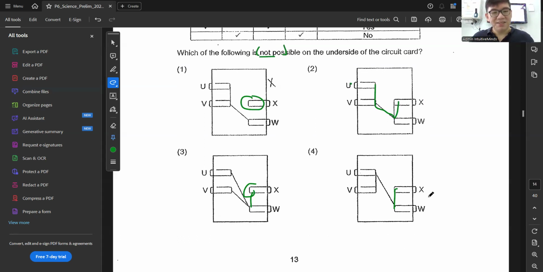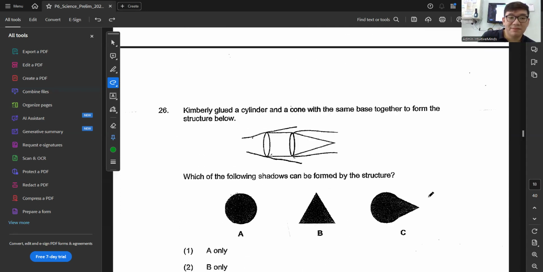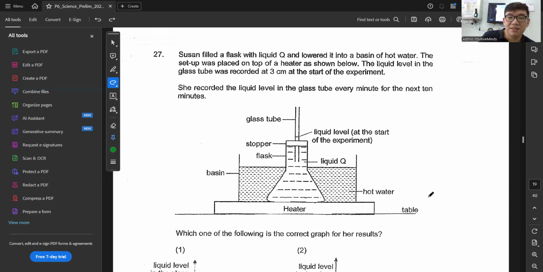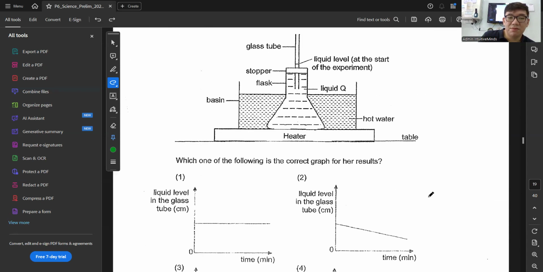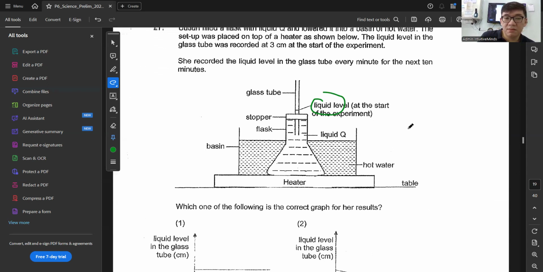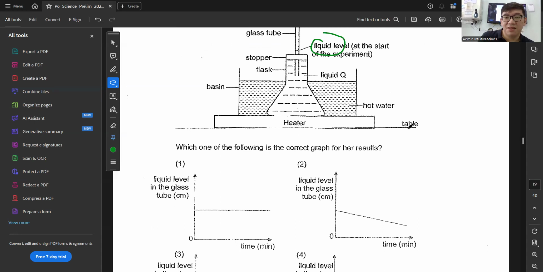Okay, what's next? 27. Hot water, liquid level. So we have the liquid level here, which refers to the liquid height.